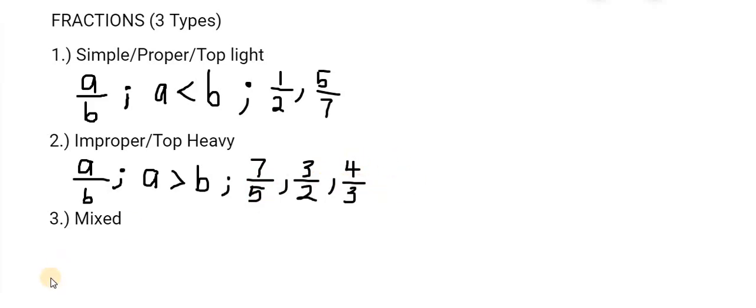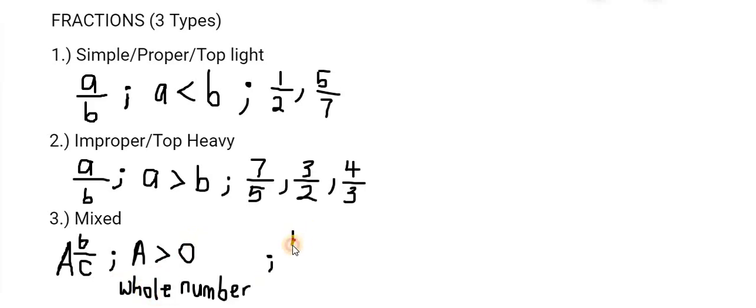Now, for the mixed fraction, it is a mixture of a whole number and a proper fraction. Okay, so a is greater than 0, so it's a whole number. So it could be 1, 2, 3, 4, 5, 6, anything. And b over c, a proper fraction, like we talked about at the top here, where the top number is less than the bottom number.